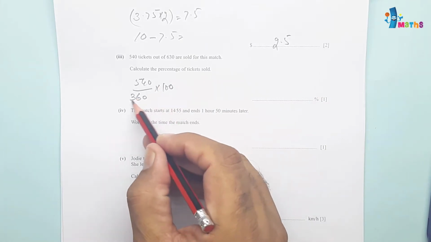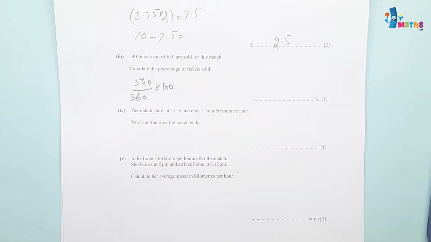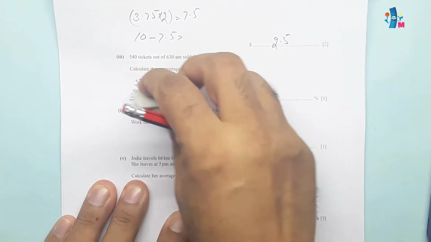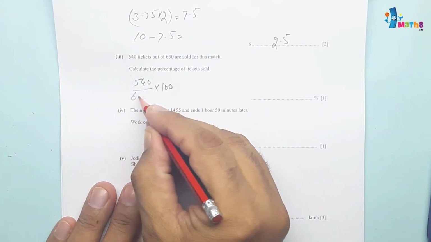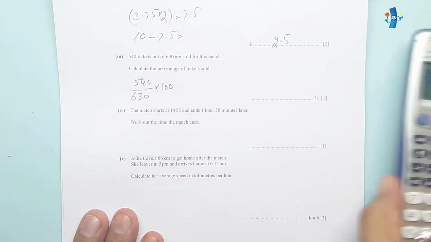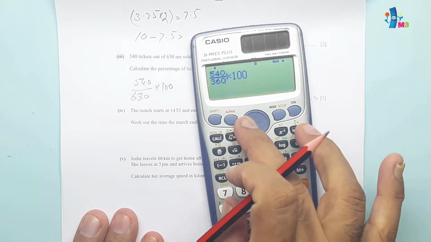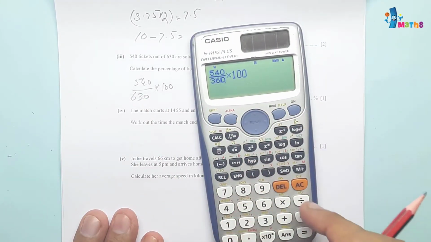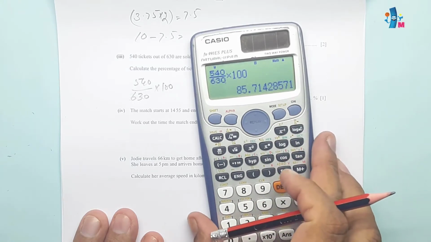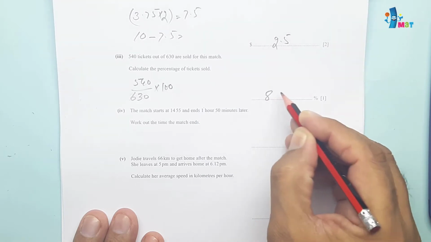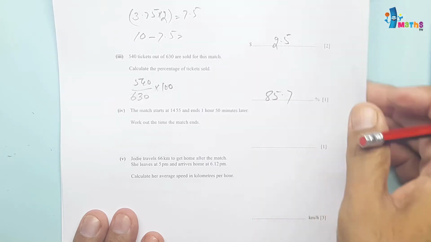Basically we have made a mistake. This is not 360, this is 630. So I will change this one and rectify this mistake. This is 630, so this calculation will be equal to 85.7. So 85.7 will be our answer.